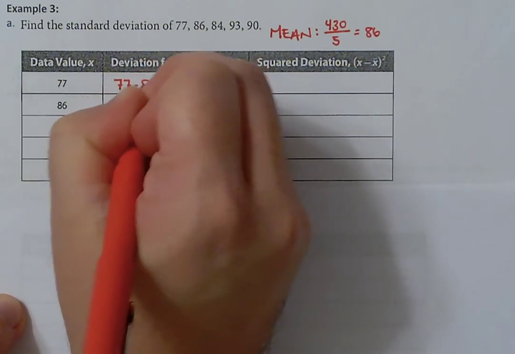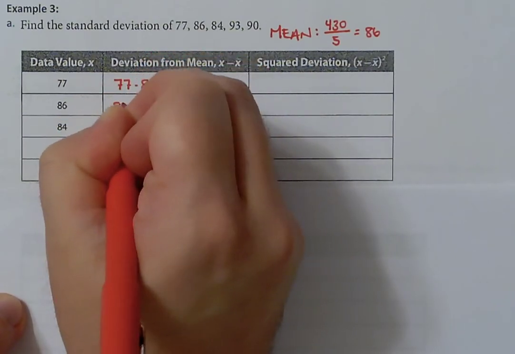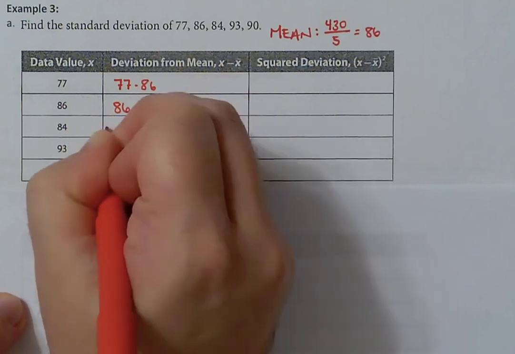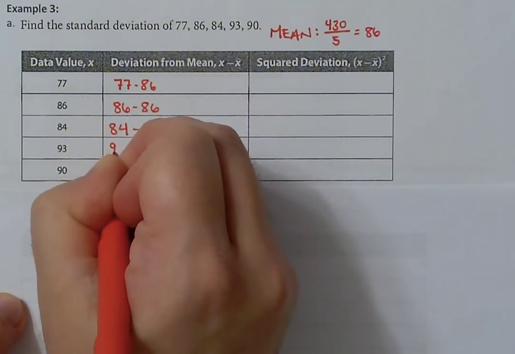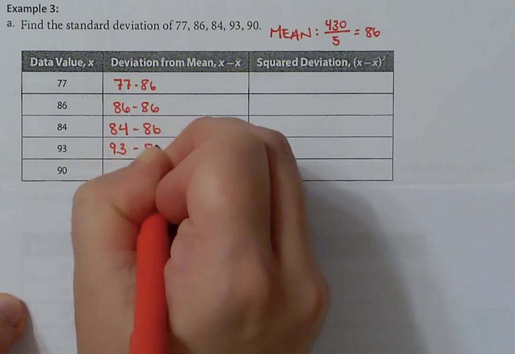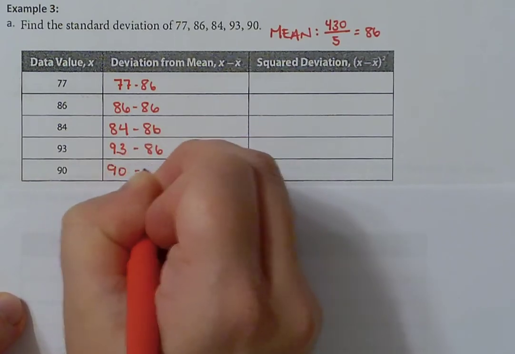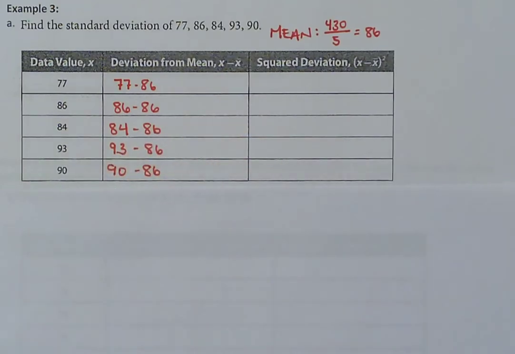So I'm going to set all of these up. So we're going to go through and subtract the mean away from all these numbers to find the deviation from the mean.